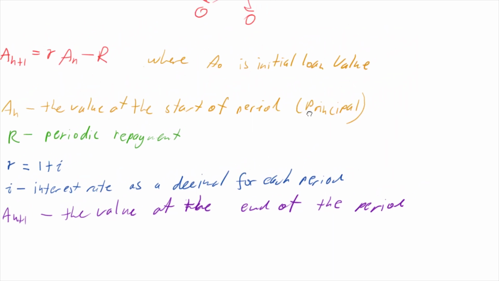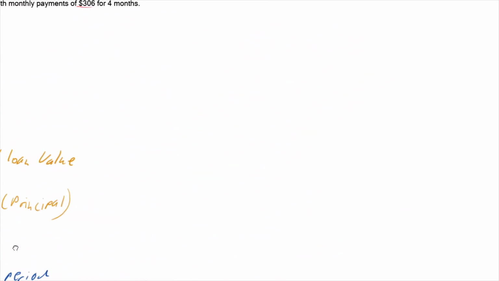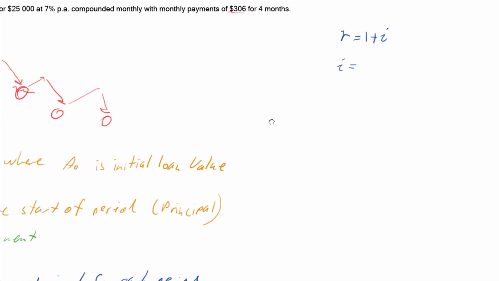So to do our question that we've been given, we're going to work out some parts of this relation, and then we're going to set up our loan schedule, which is just going to be a simple table. So the first thing we're going to work out is little r. It's 1 plus I. Now I is our interest rate per period as a decimal.